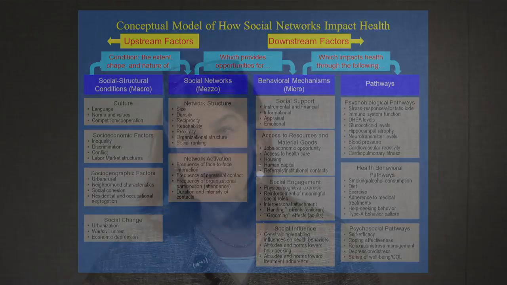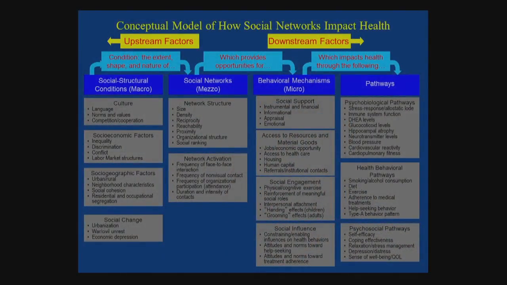So to go one more pathway down, how might these behavioral mechanisms then translate into different kinds of pathways which could influence health? Well, one of them is the psychobiological pathway. It can be stressful or stress-reducing. There are lots of psychophysiologic pathways that happen as a result of these kinds of stress pathways. There are also behavioral pathways. As I said, you might smoke more.